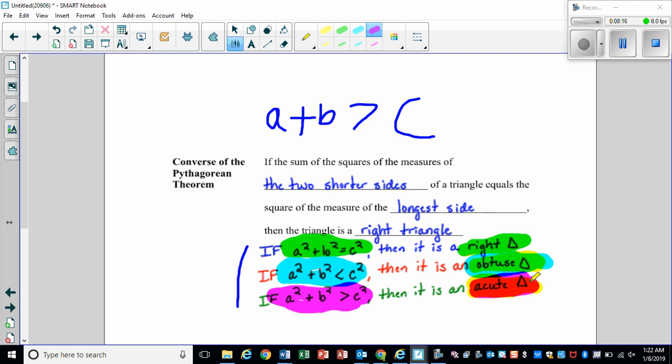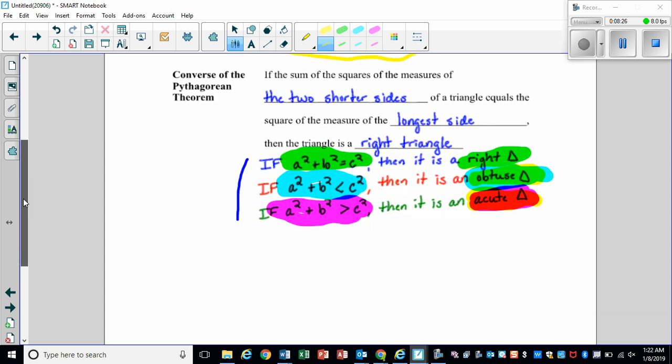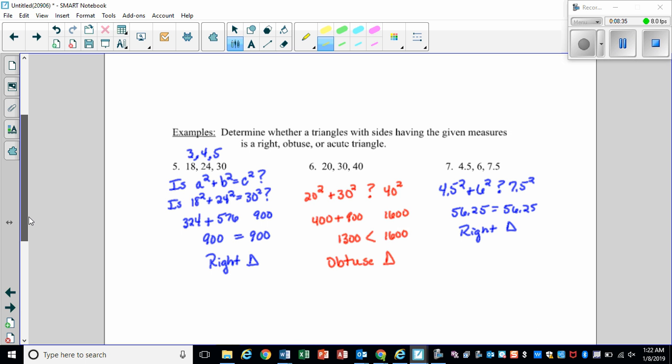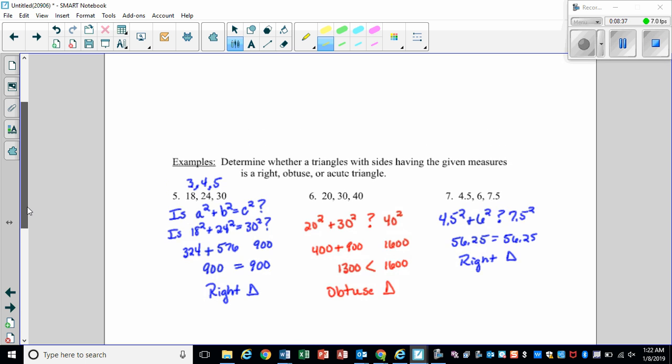This is important, but you always need to remember, can this length become a measure of the triangle? So what I did in the next set is I look at the numbers first. I said, is a plus b more than c?